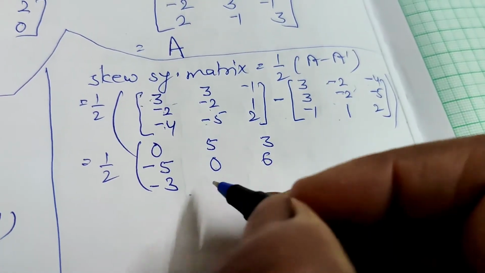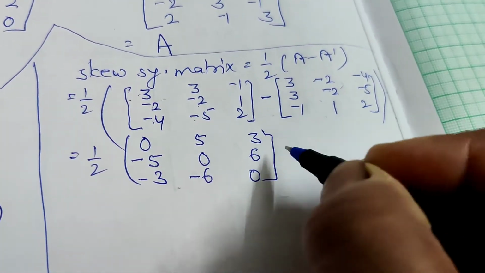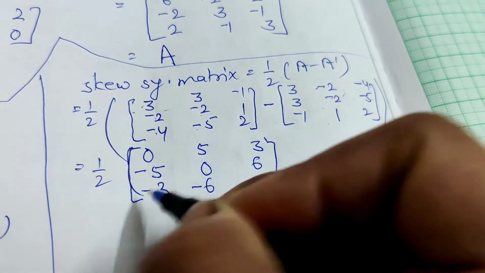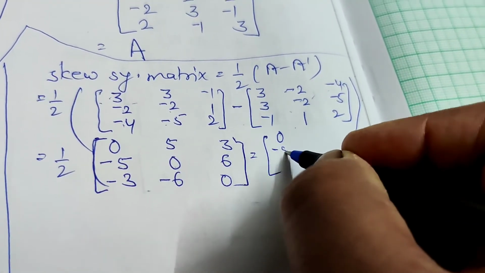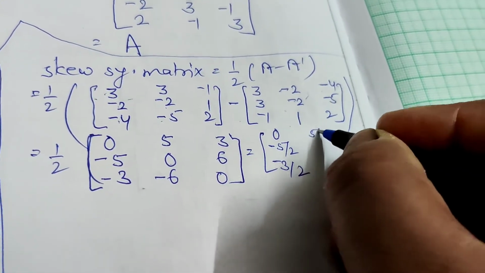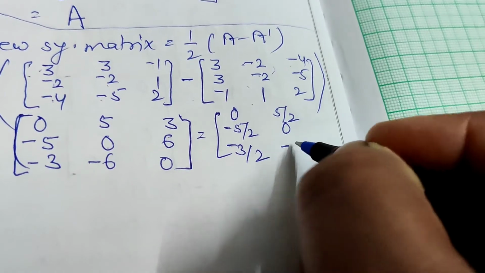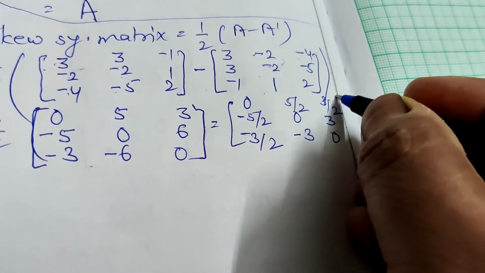Minus 5 minus 1, minus 6, and 2 minus 2, 0. Now divide by 2 each element. So we get 0, minus 5/2, minus 3/2, 5/2, 0, minus 3, 3/2, 3, 0.